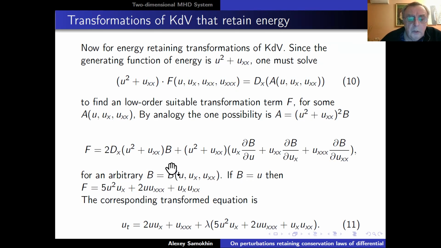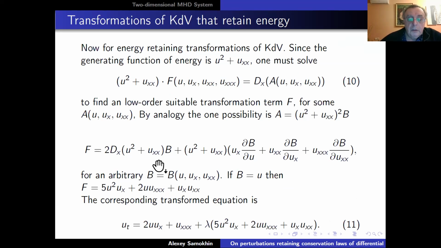The formula is quite simple, and B is again an arbitrary function. If we take B equals just U, we obtain F, and the transformed equation has this form.